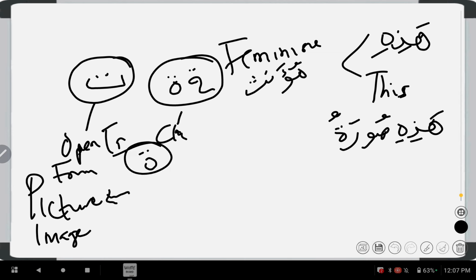Like I told you in the last class, something ending in ta marbuta being feminine does not mean it is a female human being. A word could come as feminine or masculine in Arabic, and when a word comes as feminine, it does not mean it has a masculine form. Suratu has no masculine form. And a word that comes as masculine does not necessarily have a feminine form.